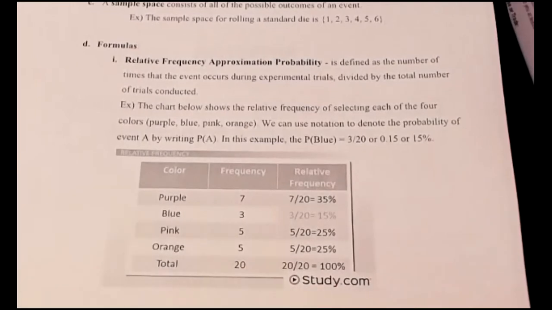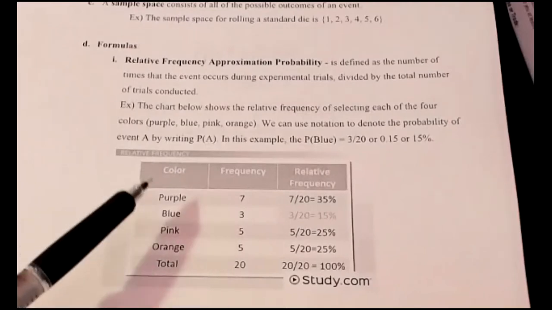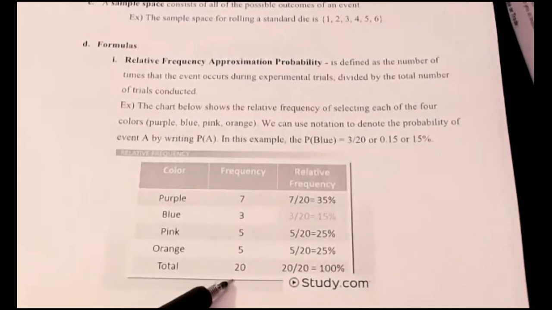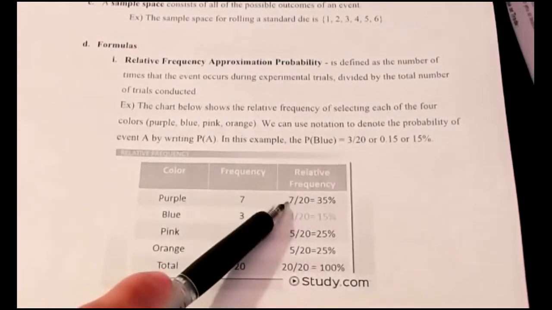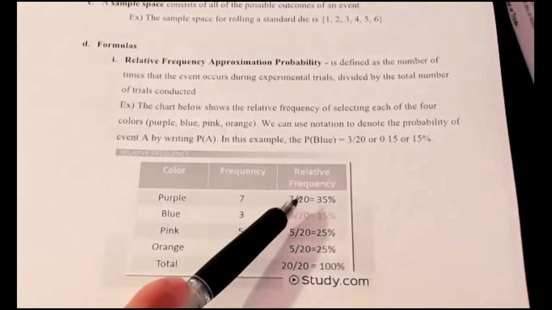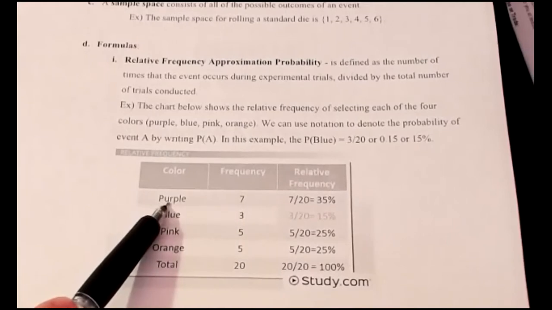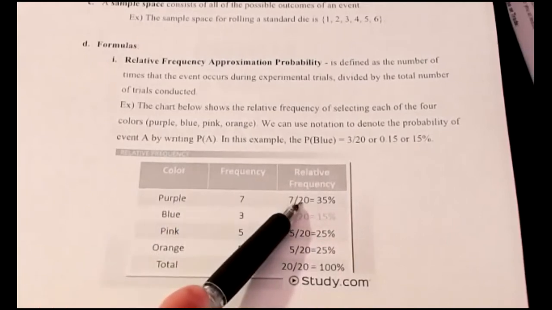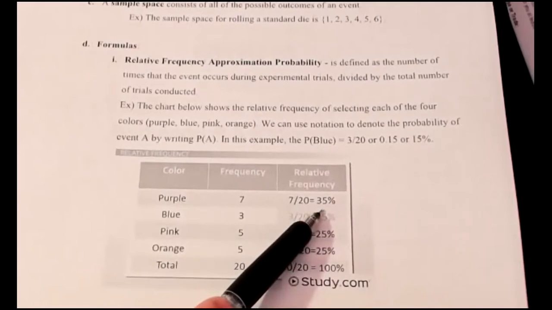So if we want the likelihood or the probability that, let's say it were a spinner, lands on purple, that's going to be 7 out of 20, right? Our relative frequency, which we've already done before. So 7 out of 20 is the probability or the likelihood that it will land on purple. If you turn that into a decimal, that's 0.35, and then turn that into a percent, and it's 35%.